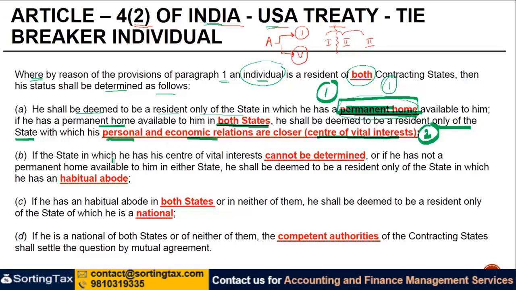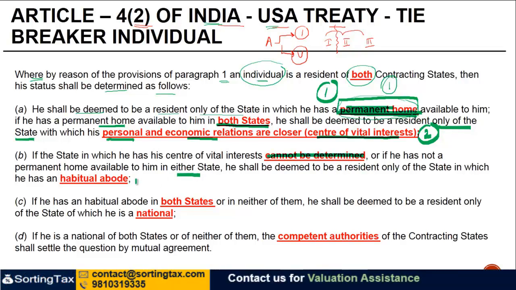If the state in which he has his center of vital interest cannot be determined, or if he does not have a permanent home available to him in either state, right? So look at this situation. If he has a permanent home in India and not in US, he's a resident of India. If he has a permanent home in US, not in India, then he is a resident of US.